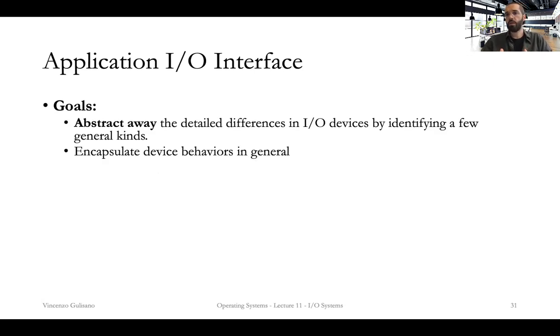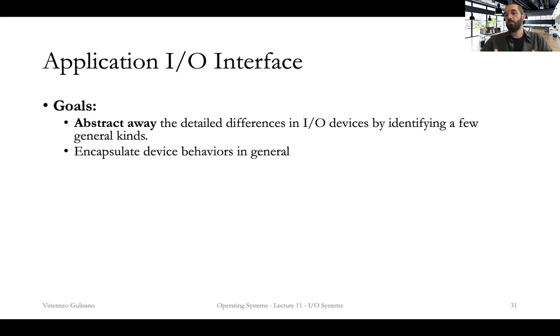So, as I mentioned in the beginning of this lecture, but also of this course, the operating system needs to abstract away the specific detailed differences between each type of device and just generalize them. So there is a keyboard, there is a mouse, there is the disk, and so on.